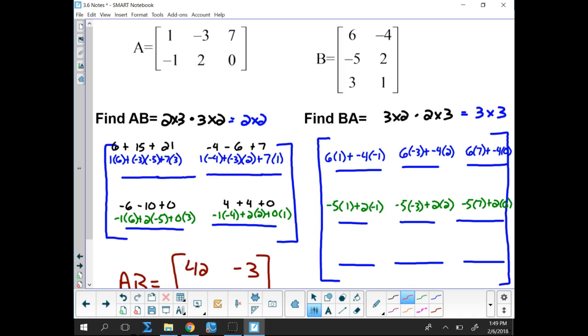Row 3. 3 times 1 plus 1 times negative 1. 3 times negative 3 plus 1 times 2. 3 times 7 plus 1 times 0.